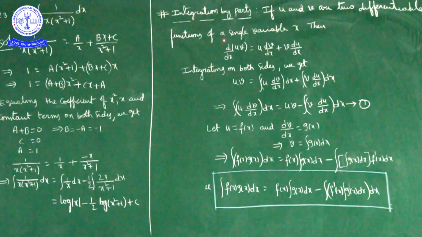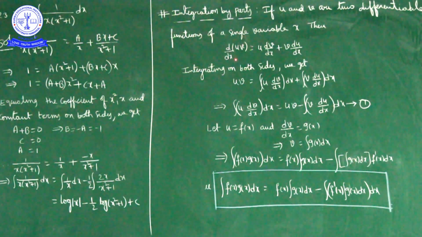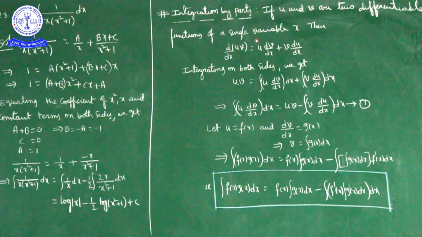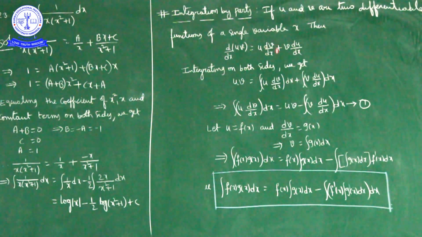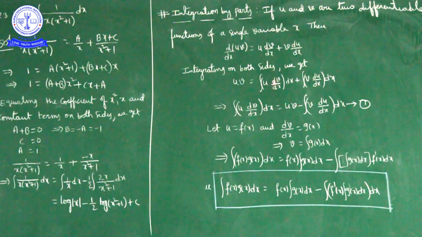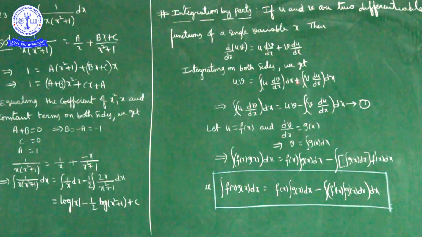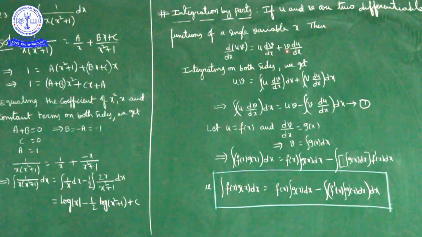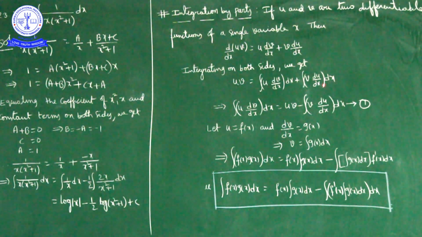So on the left hand side, what do we have? The integral of the derivative of uv is uv. It is equal to the right hand side: the integral of u into dv by dx dx, plus the integral of v into du by dx into dx.